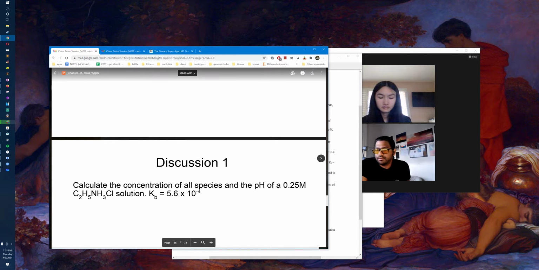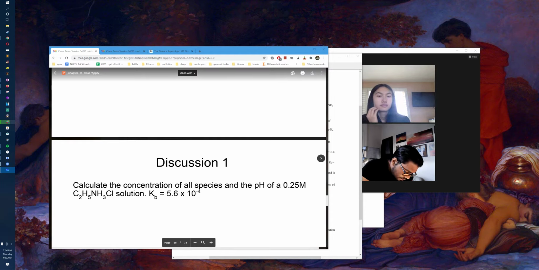What do you get if you put that into your calculator? It's like 5.2e negative 5. Okay, that's the Ka. That's all we need to find.